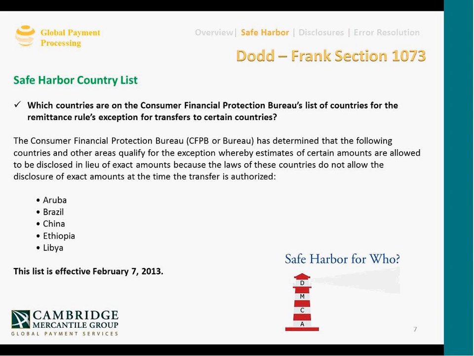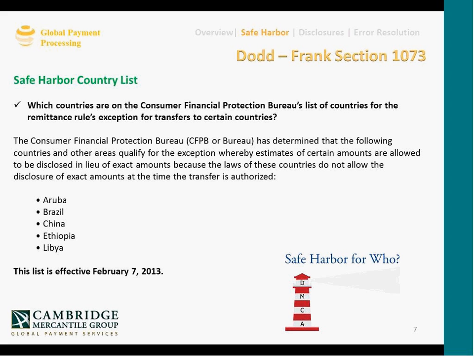The safe harbor requirement, or I should say the other safe harbor exception that is provided within the legislation, that the CFPB has determined that the following countries are areas that have exceptions to disclosures provided to the consumer.